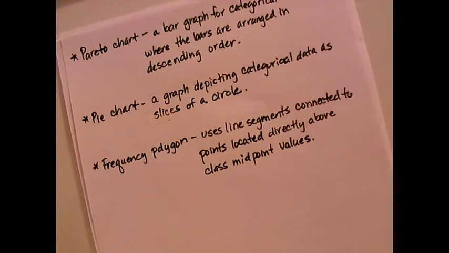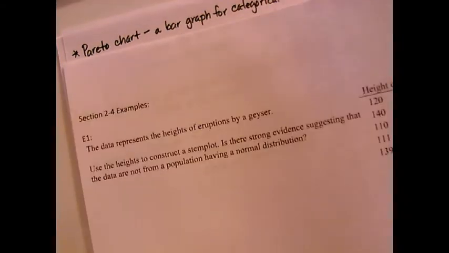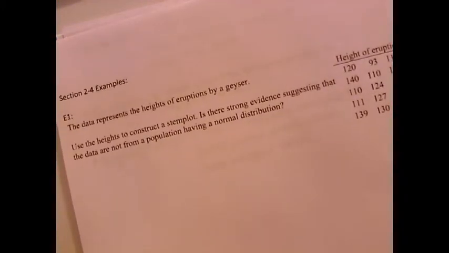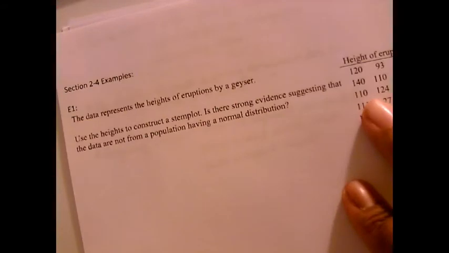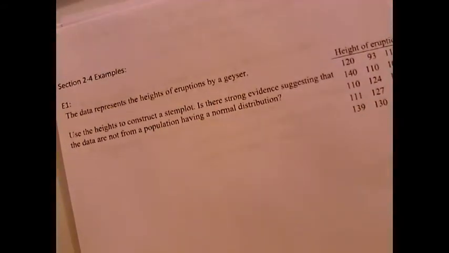Alright, so now let's look at some examples of doing a stem plot and a frequency polygon. Let's start with the stem plot as an example. In this case, we're going to use the heights to construct a stem plot, and then answer the question: is there strong evidence suggesting that the data are not from a population having a normal distribution?